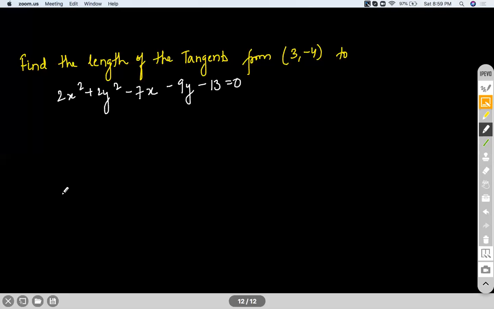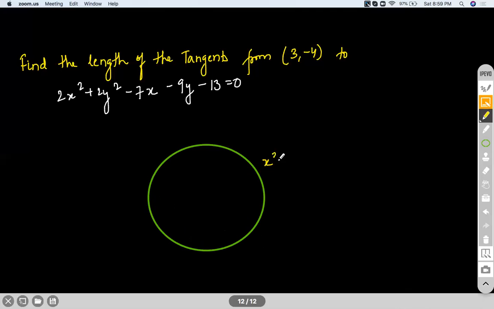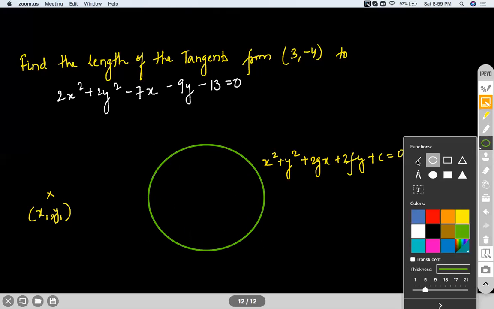Okay. Before we solve this, I would like to take a generic case. Let's say I give you a circle x square plus y square plus 2gx plus 2fy plus c equal to 0. And I give you a point here, x1, y1, and I say that I'm drawing two tangents from this point onto this circle.